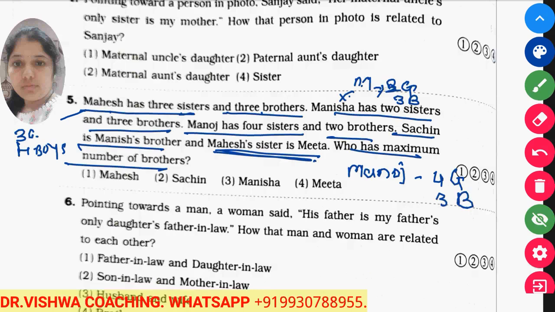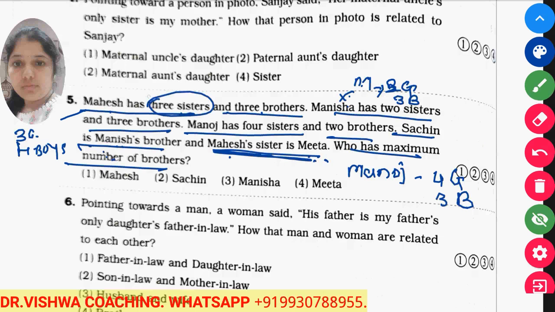Including Manisha they become 3 girls. Okay. Now Sachin is Manisha's brother and Mahesh's sister is Mita.